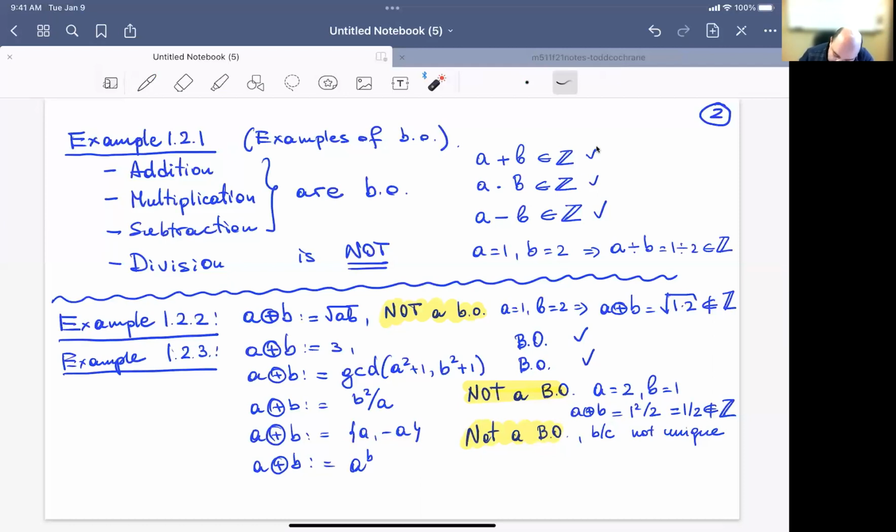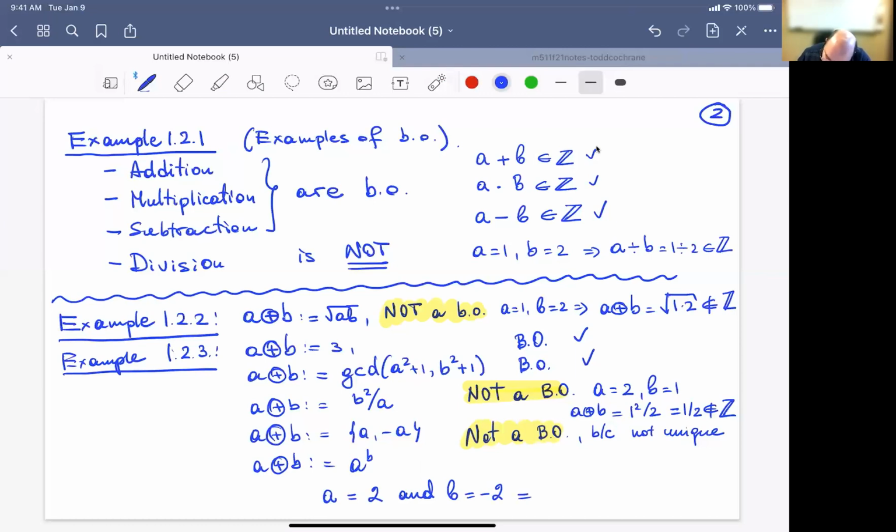For instance, I can take a to be 2 and b to be -2.